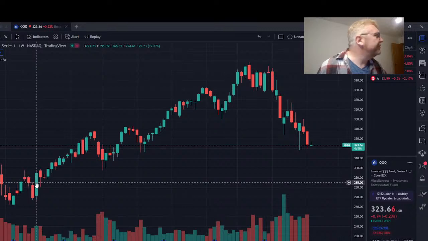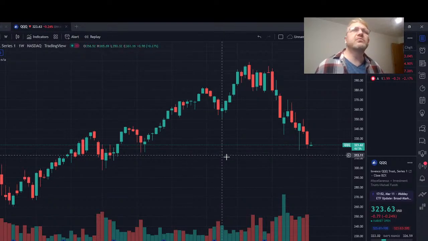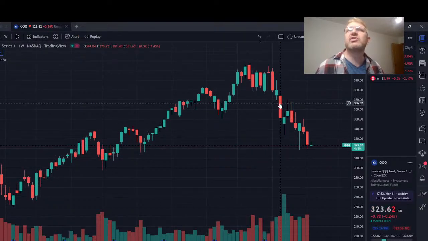A huge move. 25%. Oh no, 10%. So it's 25 points. Then I look at what's the biggest pullback we've had so far. So I'll come back to January, and that's 28 points. It's 28 points to the downside.